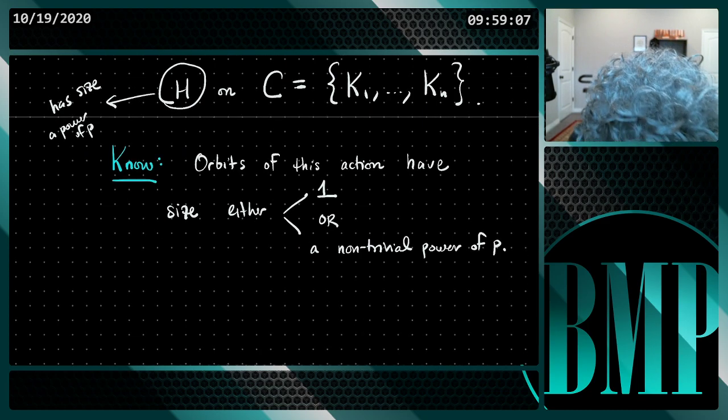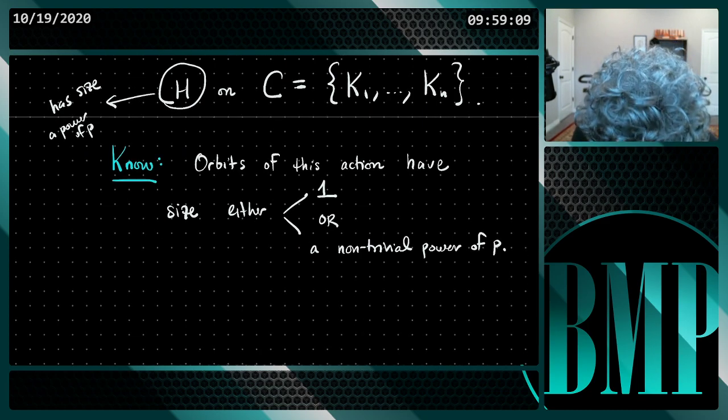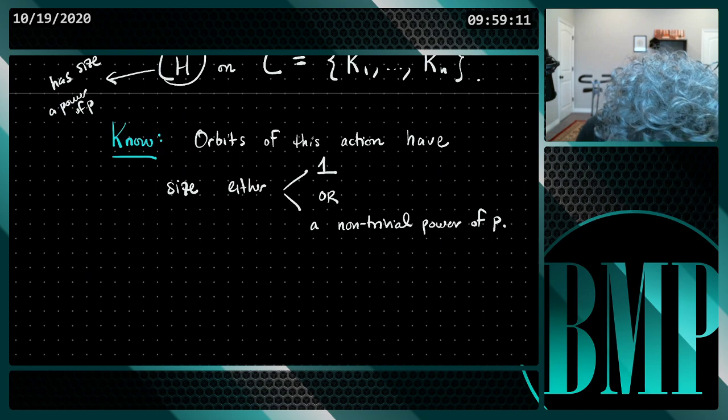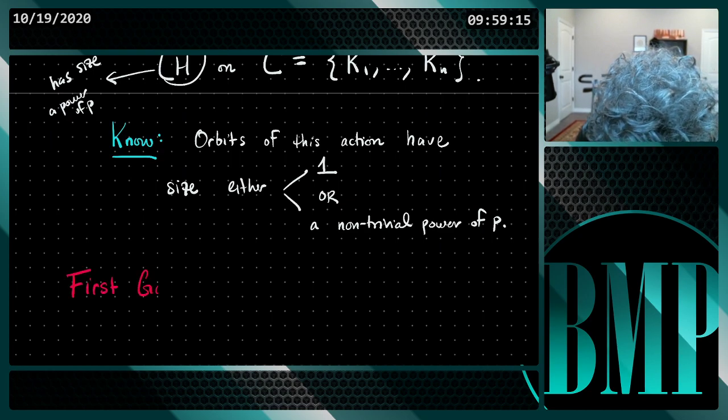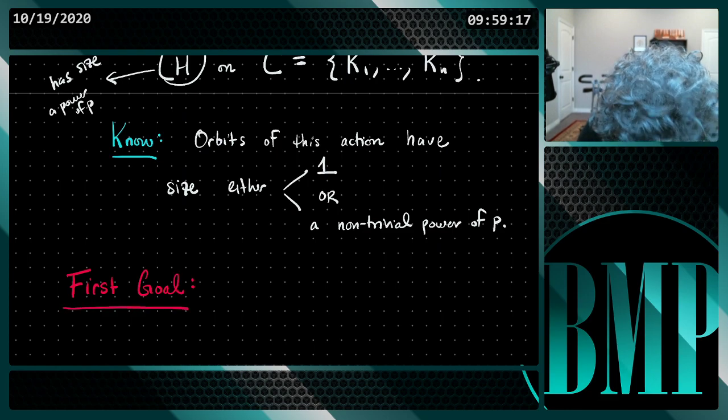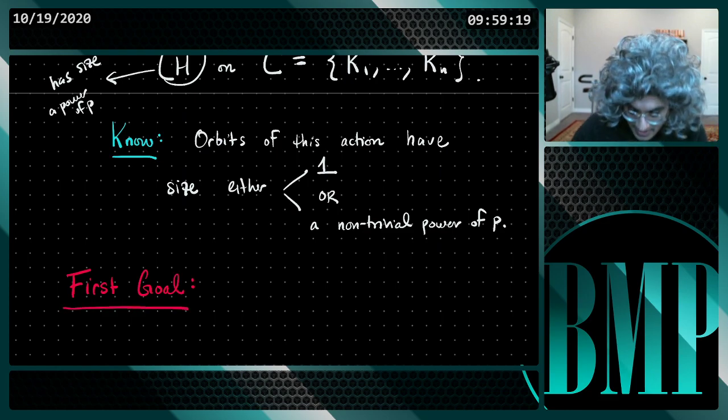Okay, so the first thing we have to deduce in the proof is to show that 1 has to occur.